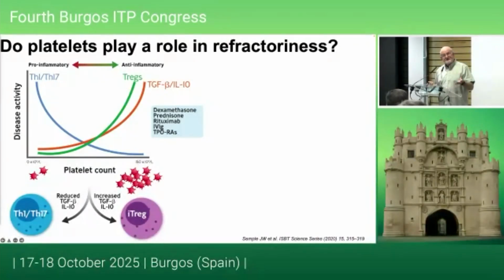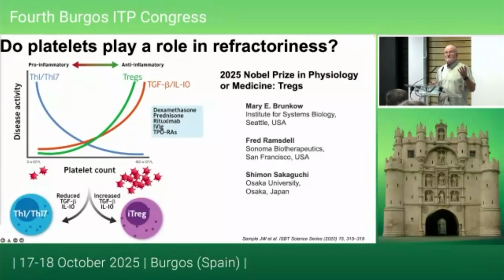Just to let you know, T regulatory cells, if you didn't know, this year's 2025 Nobel Prize has been awarded to Mary Brunkow, Fred Ramsdell, and Shimon Sakaguchi for their discovery of Tregs. Of course, Brunkow and Ramsdell really looked at FOXP3, whereas Sakaguchi actually described the cell itself. And that was about 30 years ago that they did this.